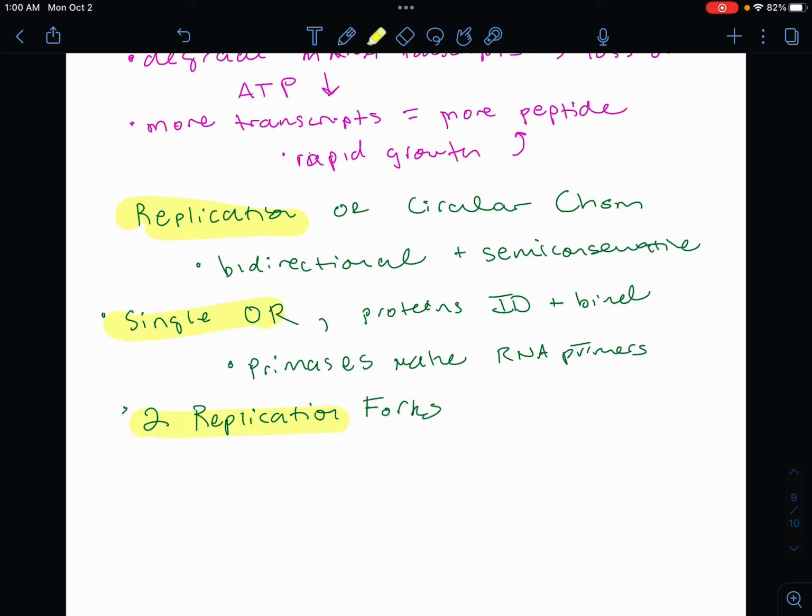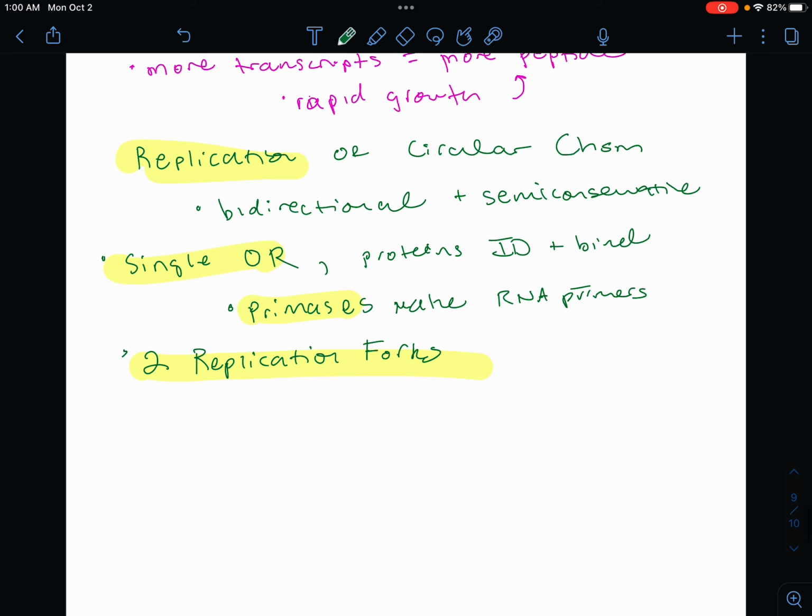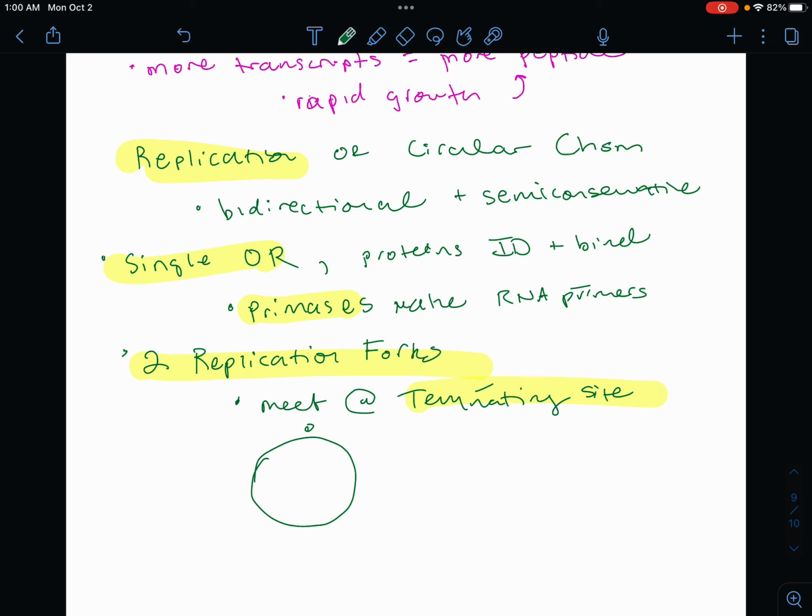And just highlight some of the keys here. They meet at a terminating site. And when we draw our picture here, you'll see what I mean by that. So let's say this is our origin of replication, and down here are the terminating sites.